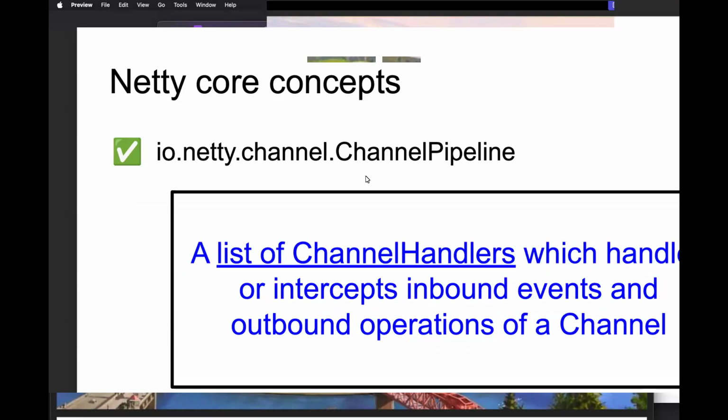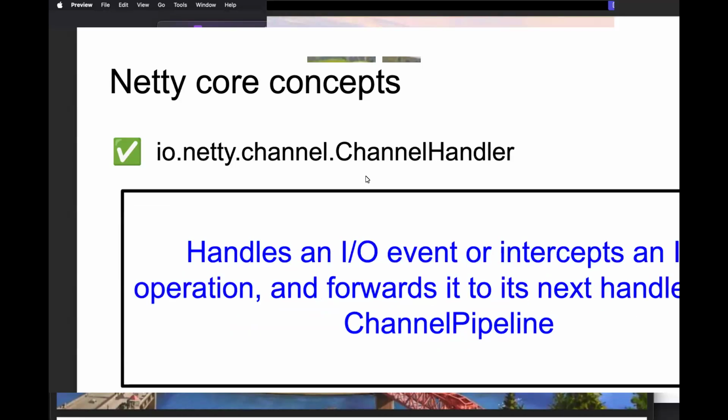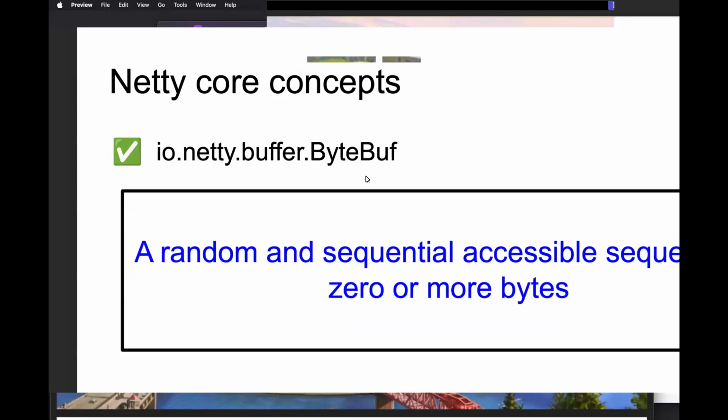You configure a pipeline of operations that you want to happen for either reading or writing. Within a channel pipeline, what you're registering are these objects called channel handlers. And we saw one earlier. The earlier example was close on idle state. That was essentially a handler to respond to network I/O events.